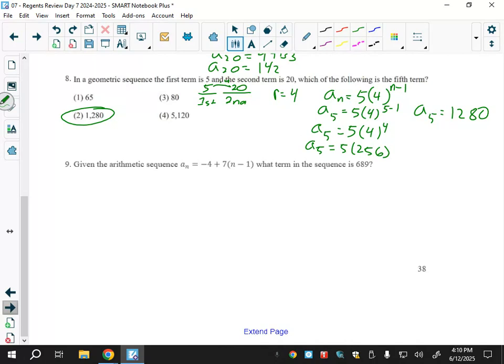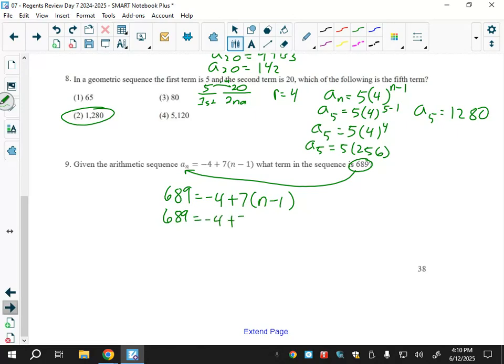So that means n is going to be our unknown. We're going to take 689 and substitute it in for a sub n so that we can solve for n. Okay, so that's going to be 689 equals negative 4 plus 7n minus 7.